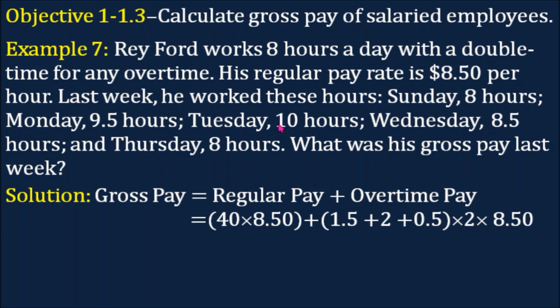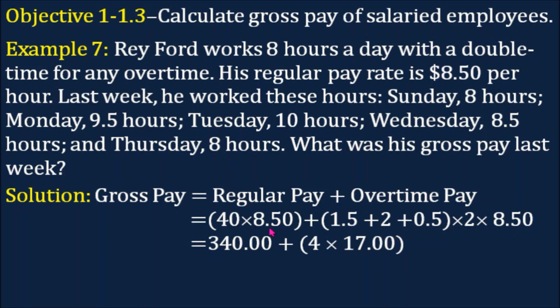Then for Tuesday, he worked 10 hours, so 2 hours is the overtime. And then Wednesday, he worked 8.5 hours, so 0.5 is the overtime hour. Then times 2 times 8.50.